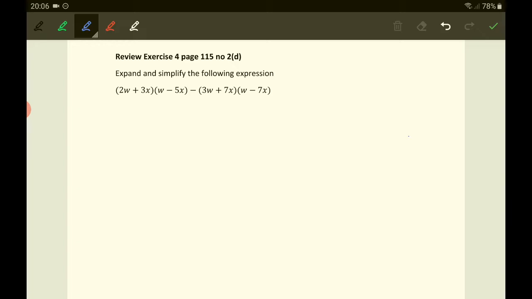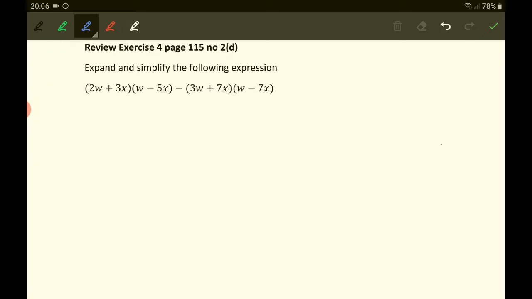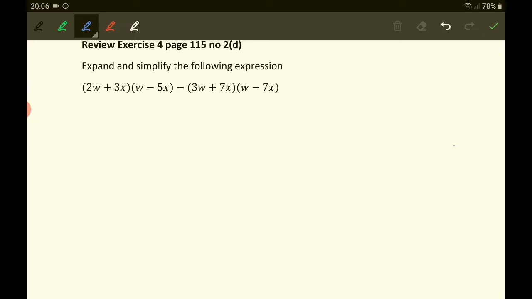We are going to expand and simplify the following expression. I hope you still remember how to expand and simplify. To expand, you just multiply 2w with w, so we have 2w squared, and then 2w times minus 5x gives minus 10wx.